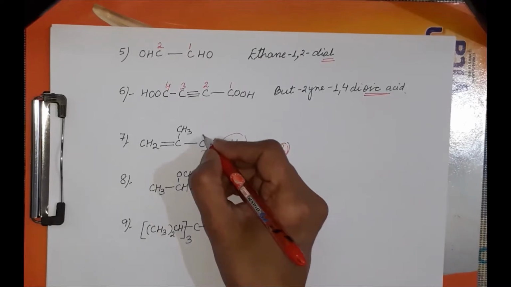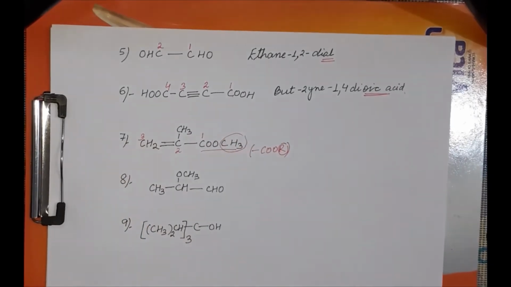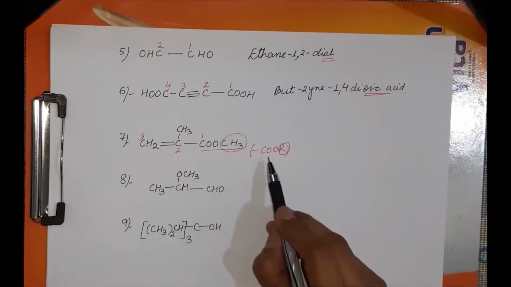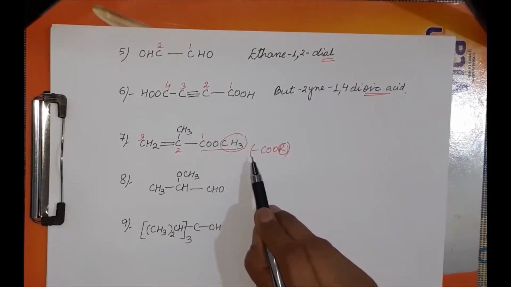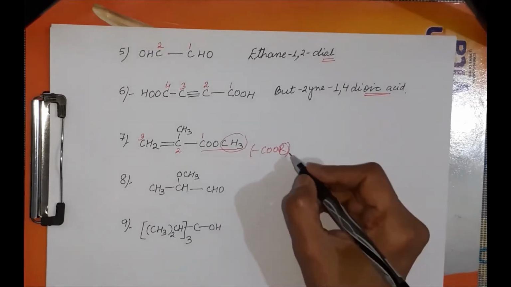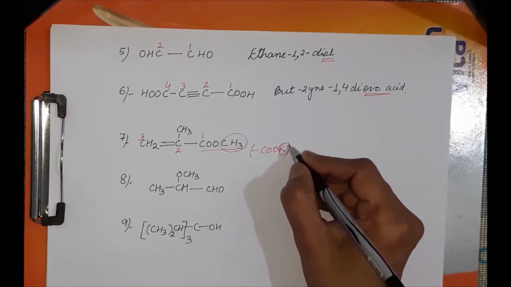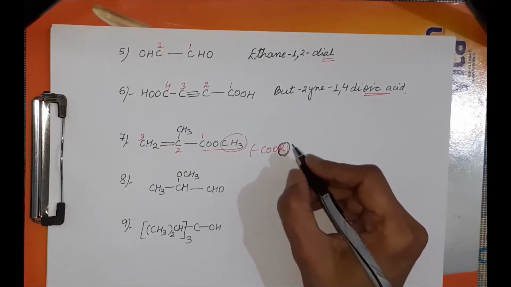So numbering we will do like this, 1, 2 and 3. In such cases where the ester group is present as a functional group, while writing the IUPAC name, first this R group is written at the start of the name.